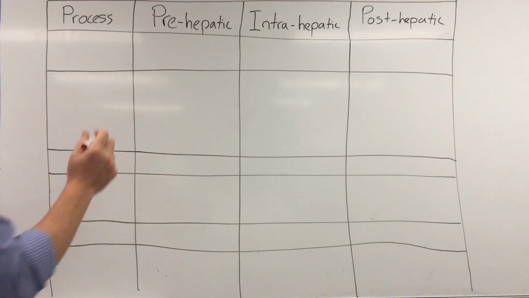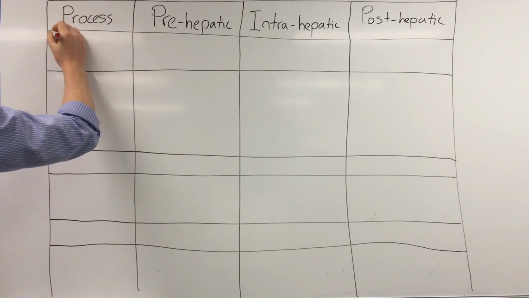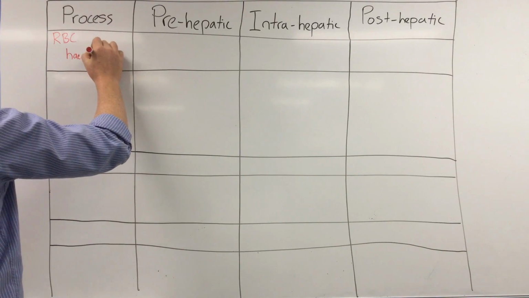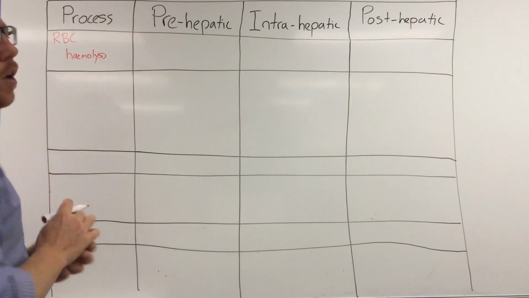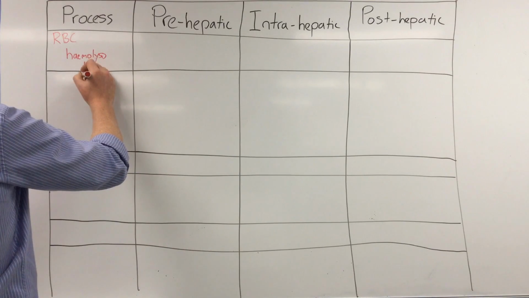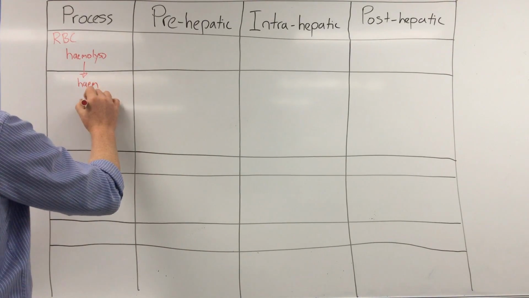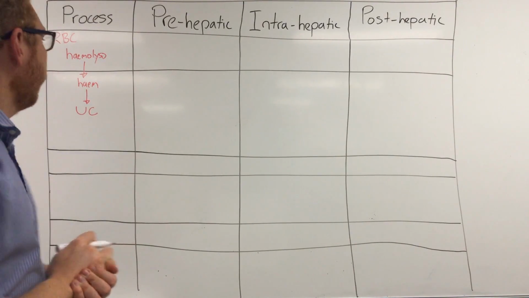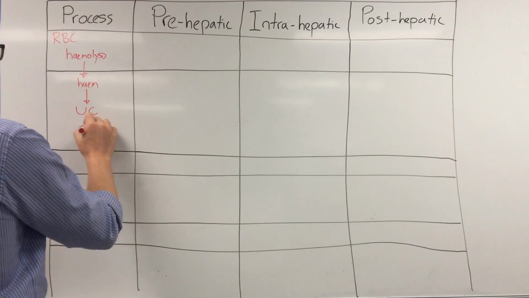So the first thing that needs to happen in the normal process of bilirubin metabolism is the RBCs have hemolysis. So there's hemolysis of the red blood cells, which would lead to the breakdown of heme, and that gets processed into unconjugated bilirubin, which would get processed with albumin.